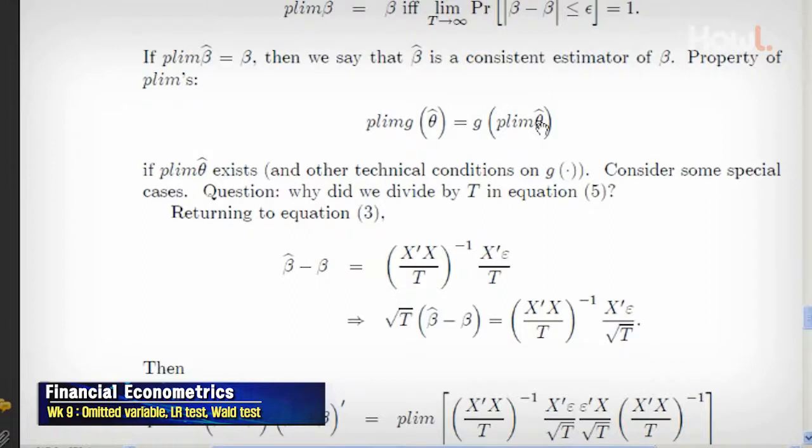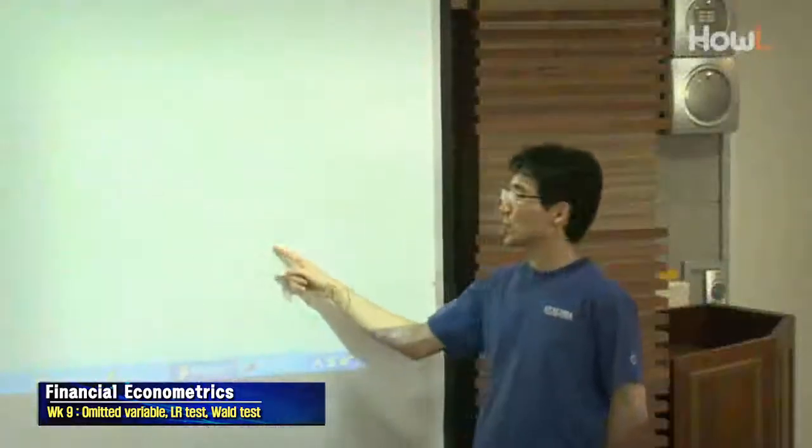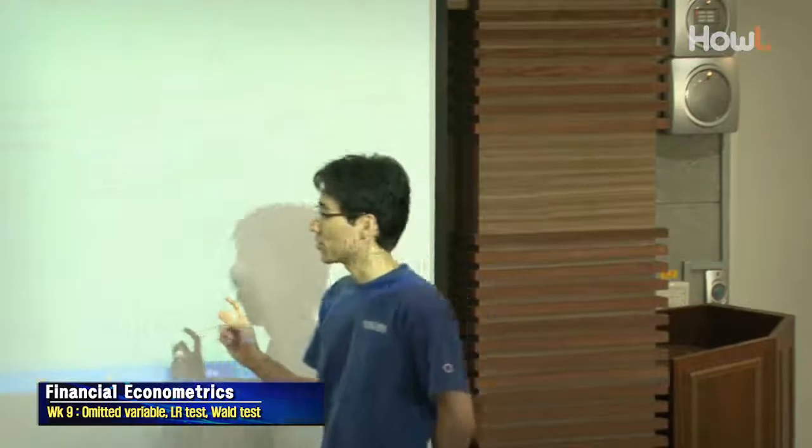Now consider some special cases. Actually, let's go directly to this. So beta hat minus beta looks like this from the previous one. Now we want to multiply square root of T on each side. Because this and this cancel out, we have square root of T here.